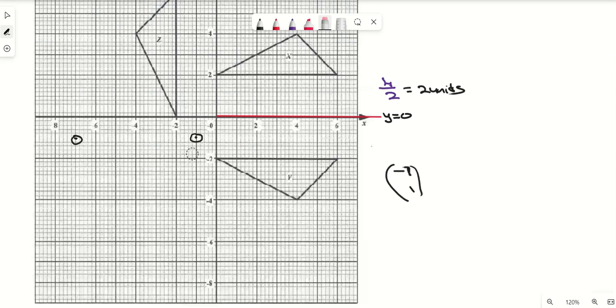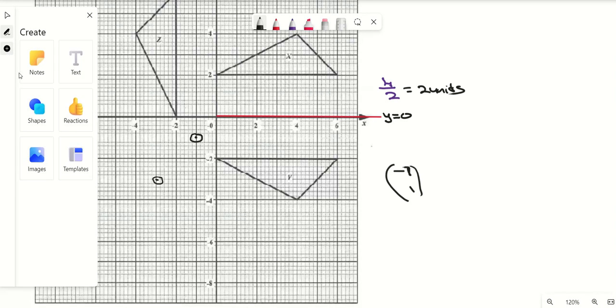Right? And then this one here, this triangle here, you're going to go 1, 2, 3, 4, 5, 6, 7, and then 1 unit up, which is 1, 2, 3, 4, 5. This is right here. Right? So this would be your image after a translation of minus 7, 1.